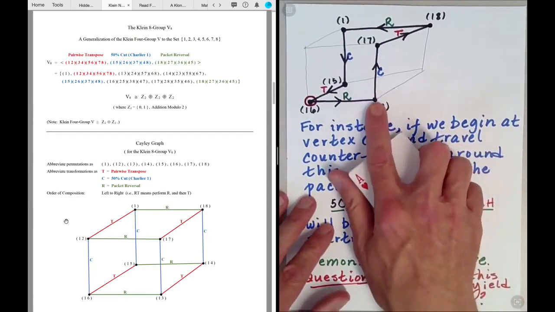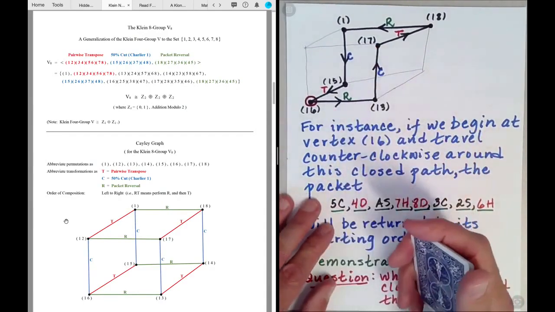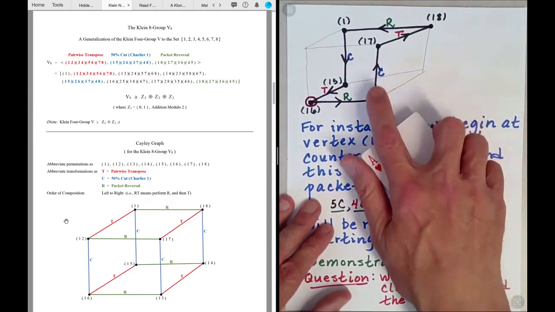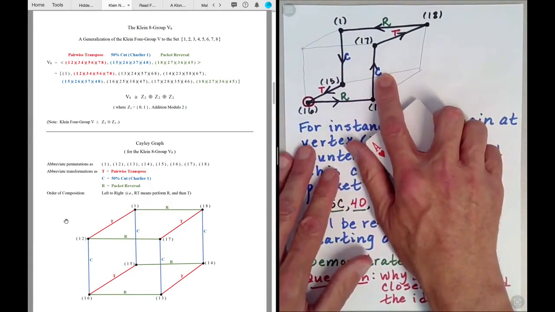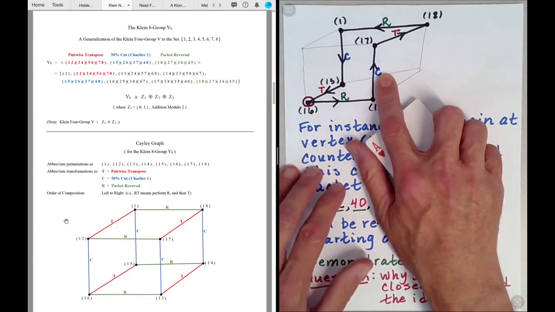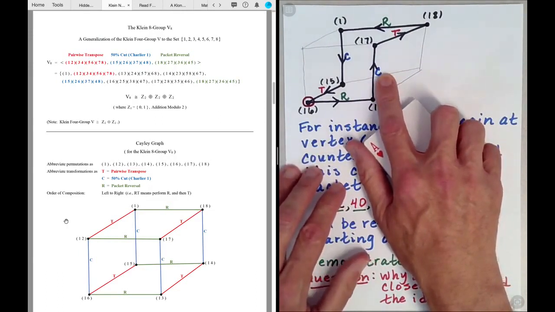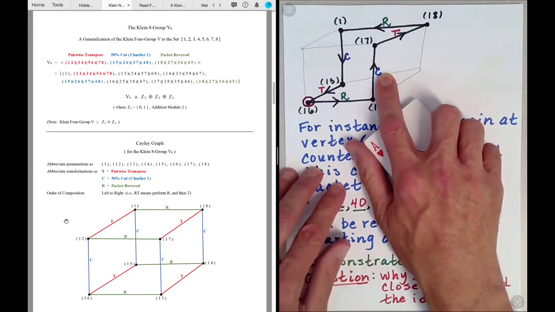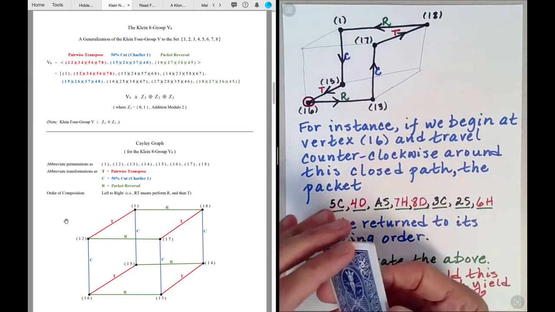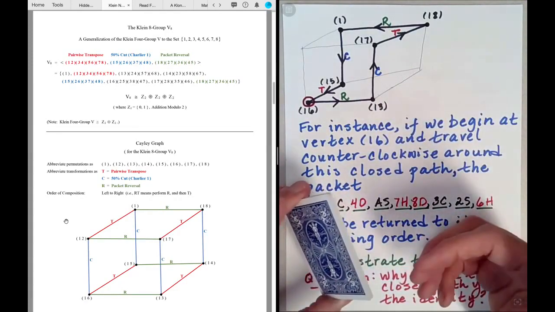Okay, well, that takes us here. Now we need to go up this edge, and to do that, we'll perform a 50% cutting of the cards, or better, let's perform a Charlier-1. If you recall, a Charlier-1 shuffle is in fact equivalent to a 50% cutting of the cards, and it's just far more interesting, engaging, and convincing.